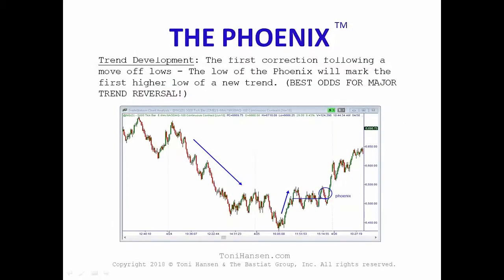Now, trend development is the next thing that we're going to be looking at. There are actually 3 places that a Phoenix can form. You guys are most familiar with things like the inverse head and shoulders.